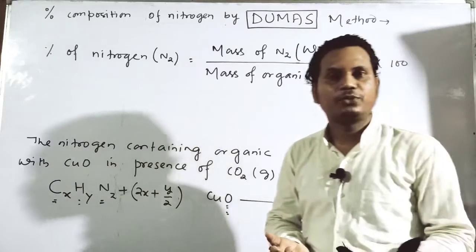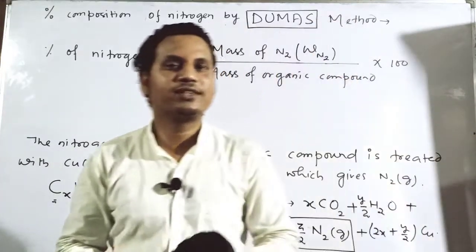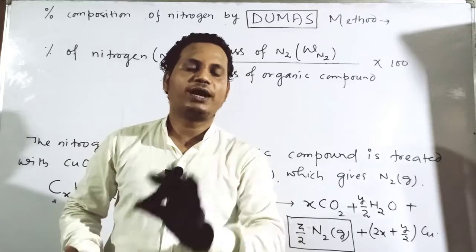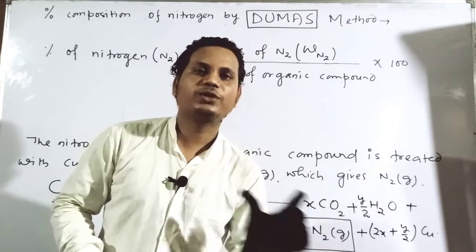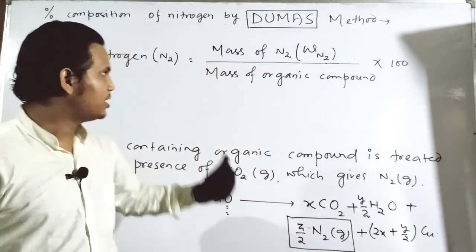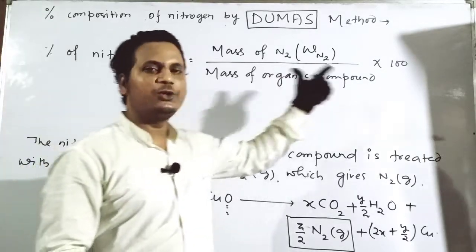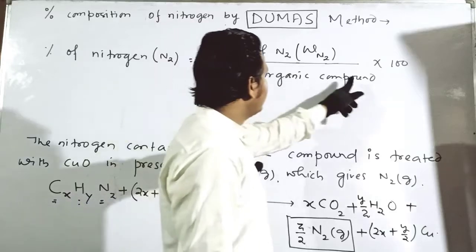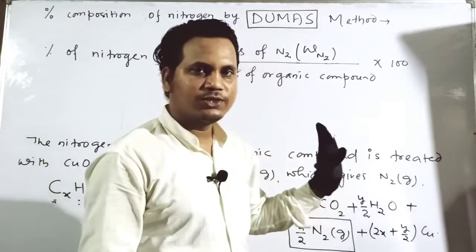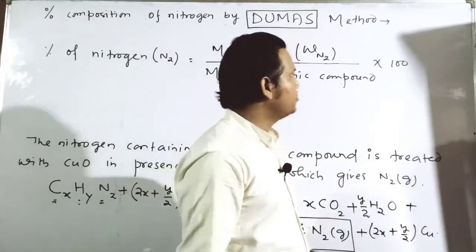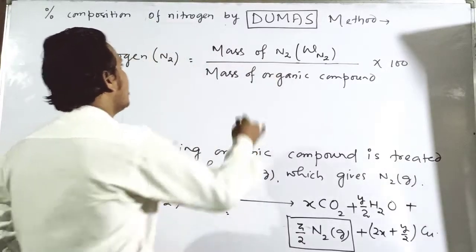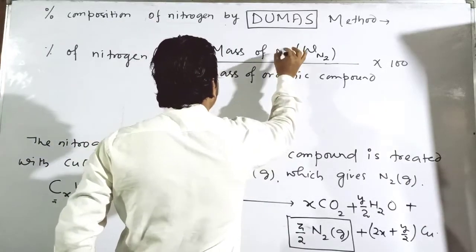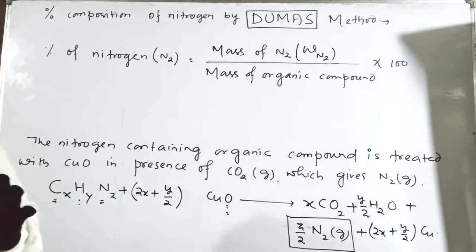So we have to calculate the mass percentage of N2: mass of N2 by total mass, where total mass means the mass of the organic compound, into 100. The mass of the organic compound will be supplied in the question. So the main thing is how we can find the mass of dinitrogen gas.